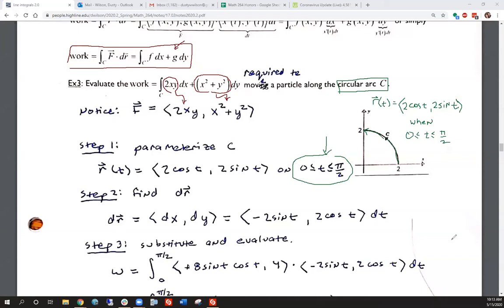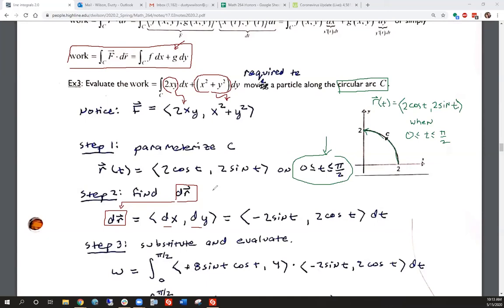Pro tip, if you're trying to check your parameterizations and you're in 2 dimensions, you can always dump things into your graphing calculator and just verify that the graphs are coming out the way you want. So step 2 says that we need to find the dr. Now we have this new formula that says that our dr, the differential element, would be equal to dx comma dy.